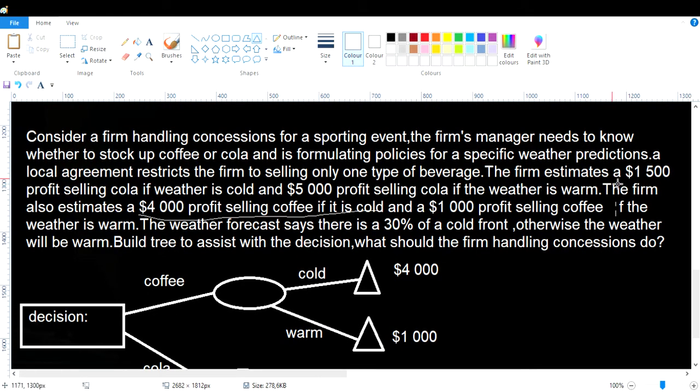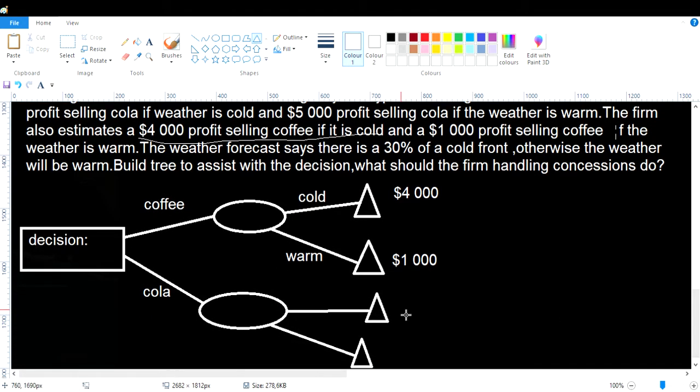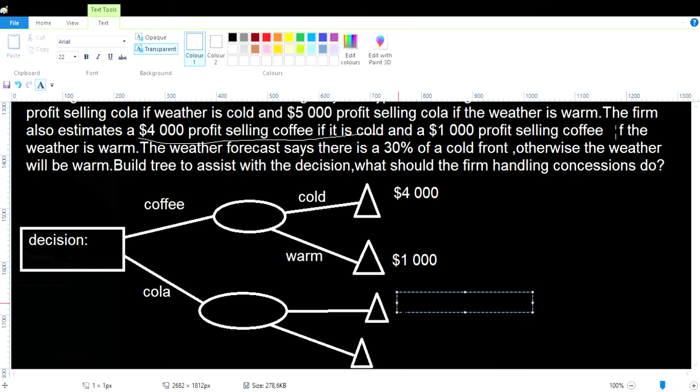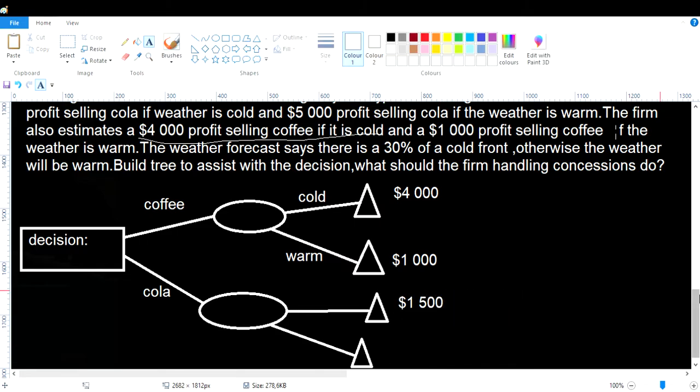The firm estimates a $1,500 profit selling cola if weather is cold, and here is $1,500 if it is cold.